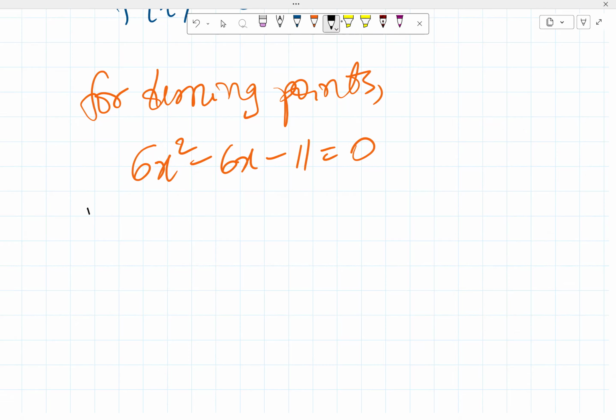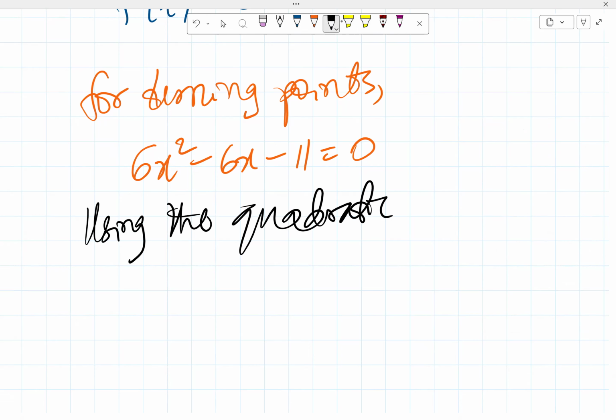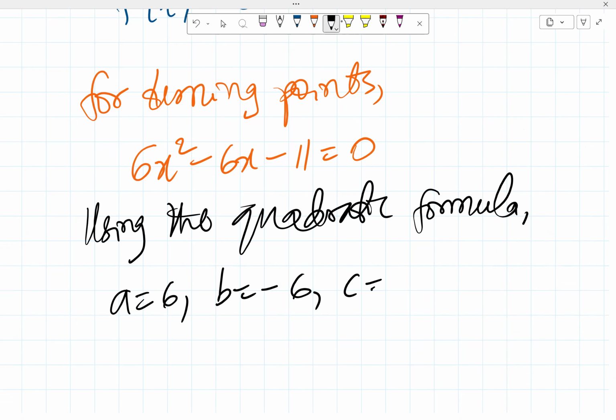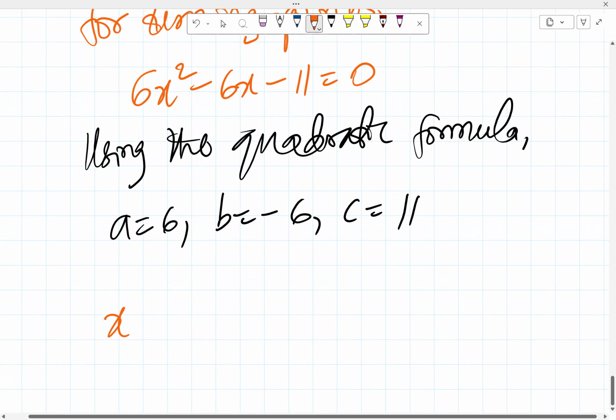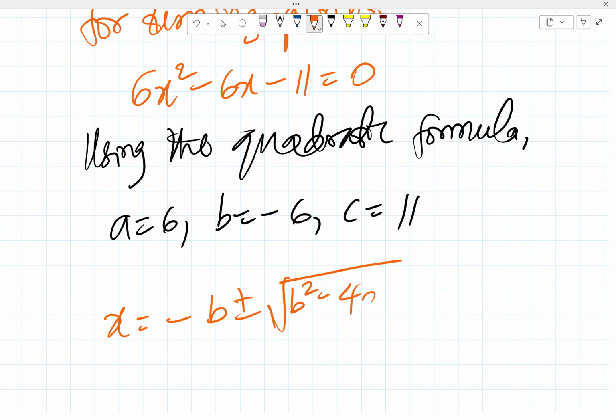So, using the quadratic formula, we have A to be 6, B is minus 6, and C is minus 11. So x is minus B plus or minus square root of B squared minus 4AC all over 2A.